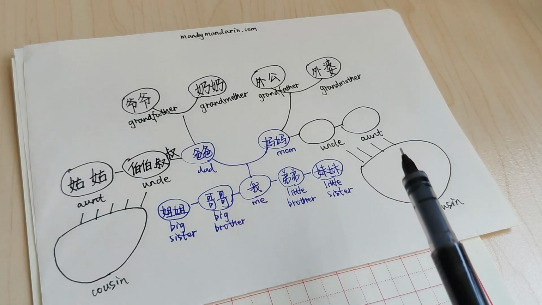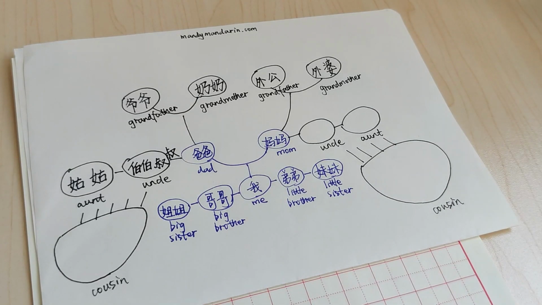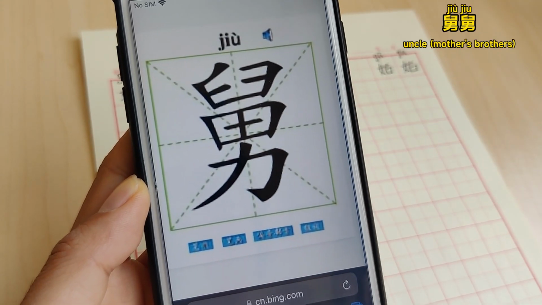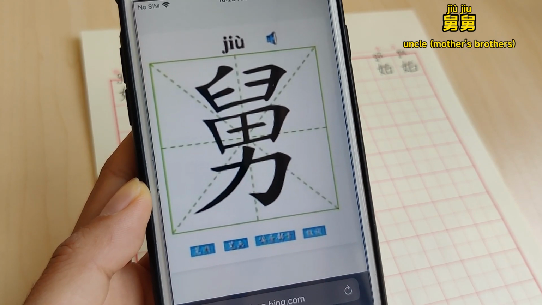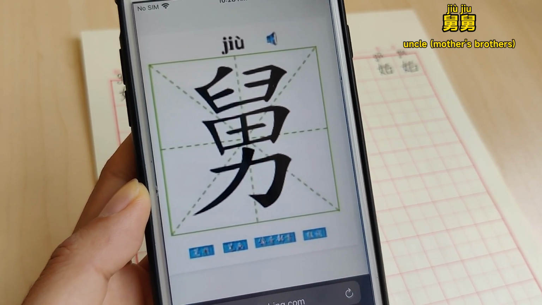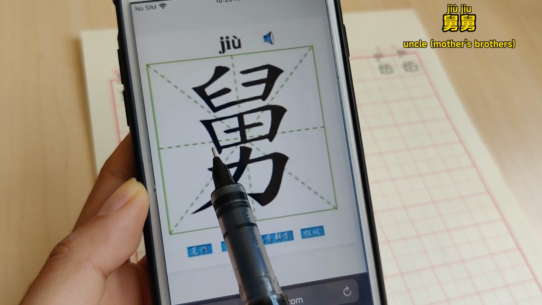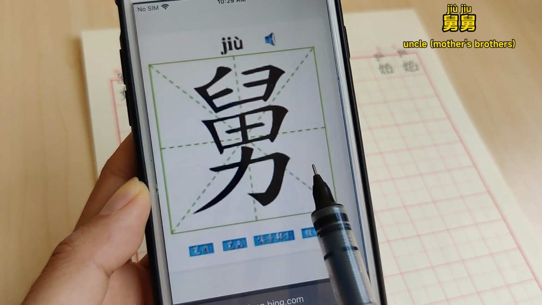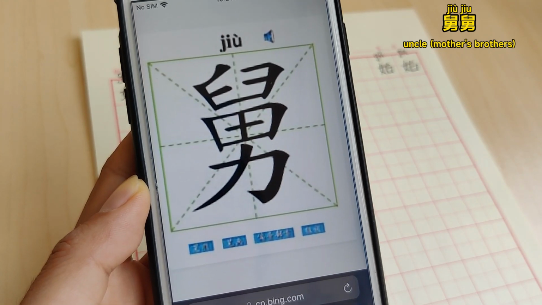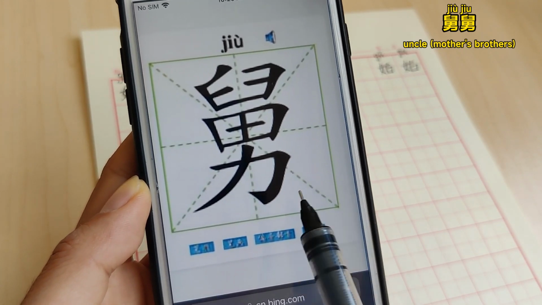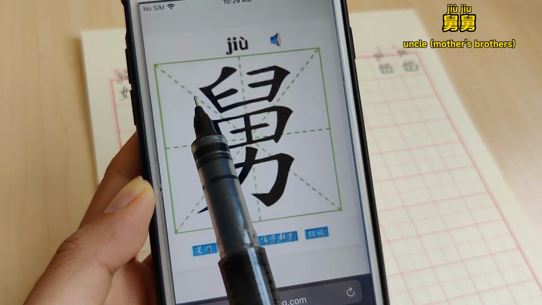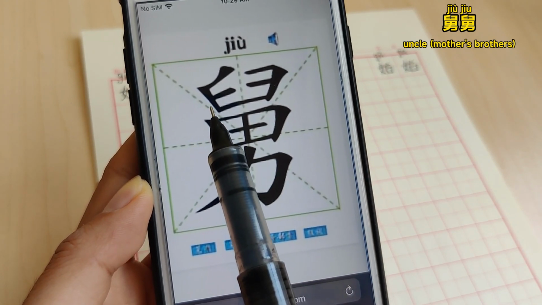As for the mother's brothers, there will be only just one word, which is 舅舅. And this is how we write the 舅. It looks so complicated. And I believe some of you might notice at the bottom part of it, this is the character we just learned in the last lesson. Yeah, that's 男 male. And we just need an extra part on top.